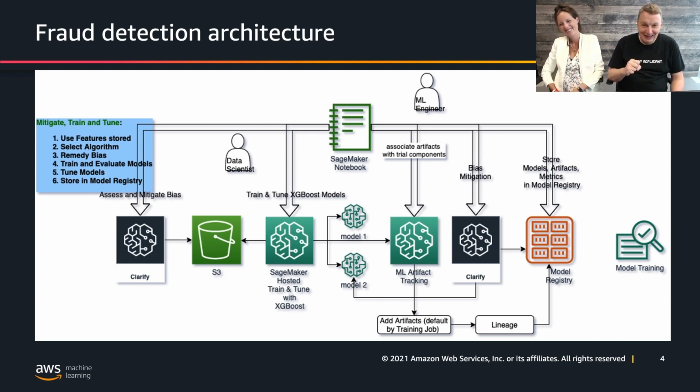So this is the pipeline, the architecture we're going to work on. We'll start from a CSV dataset, which is reasonably simple, and then we're going to process it with processing scripts. Then we're going to train a model, and we're going to run a bias analysis using SageMaker Clarify.